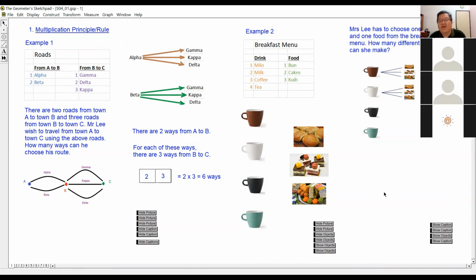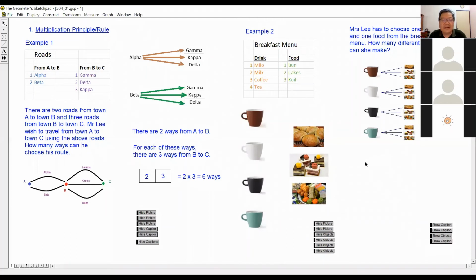Let's say if she choose coffee, then she can also choose either of these 3 types of food. If she choose tea, she can also choose either of these 3 types of food. So how many ways can she choose her breakfast?